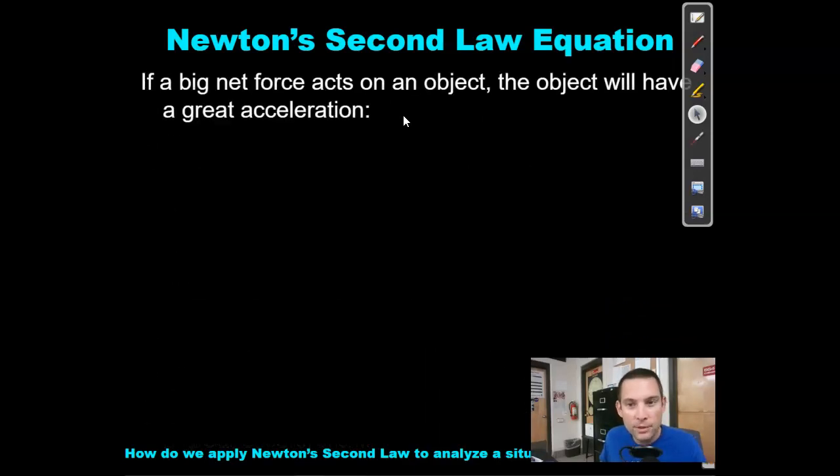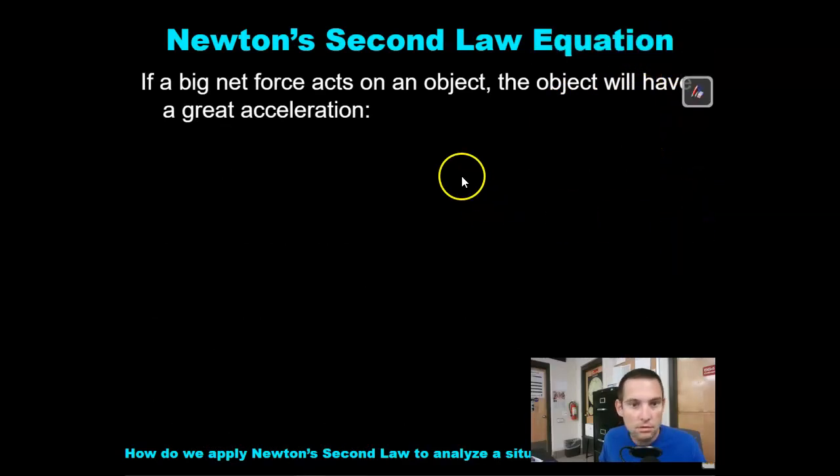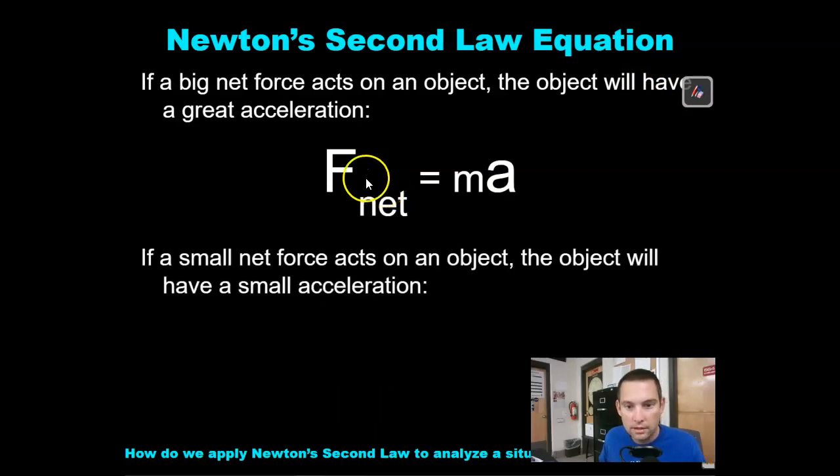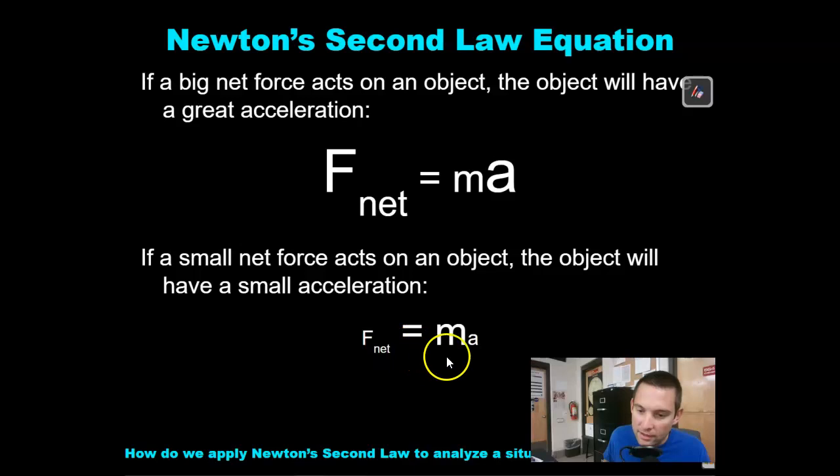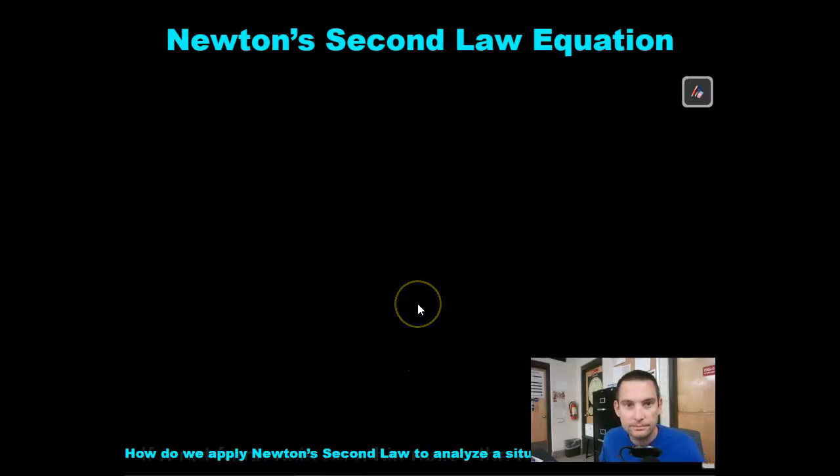If a big net force acts on an object, the object will have a great acceleration. If a small force acts on an object, then the object will have a small acceleration.